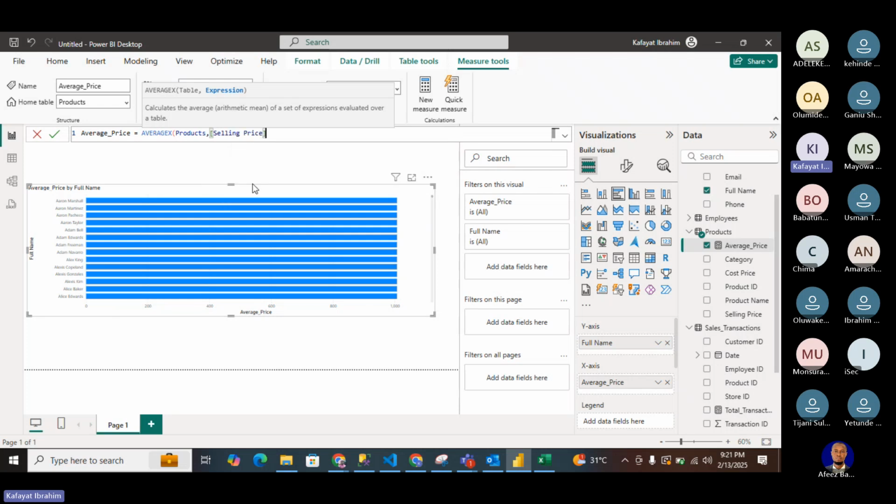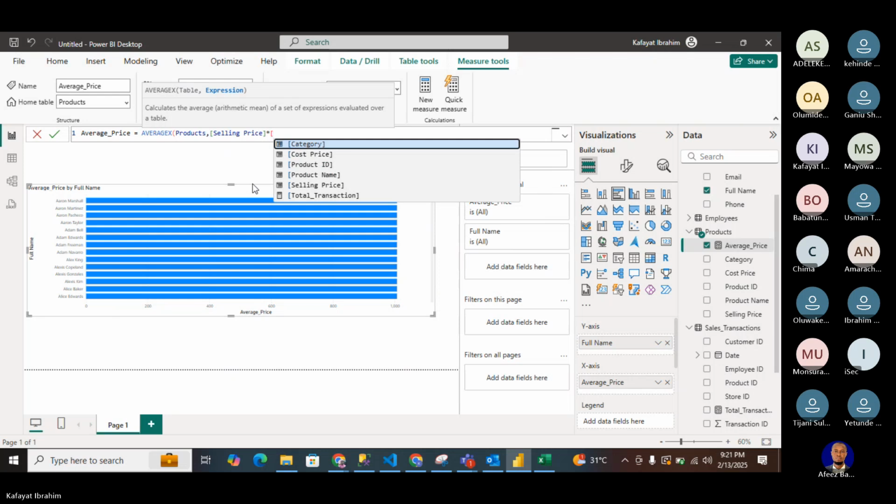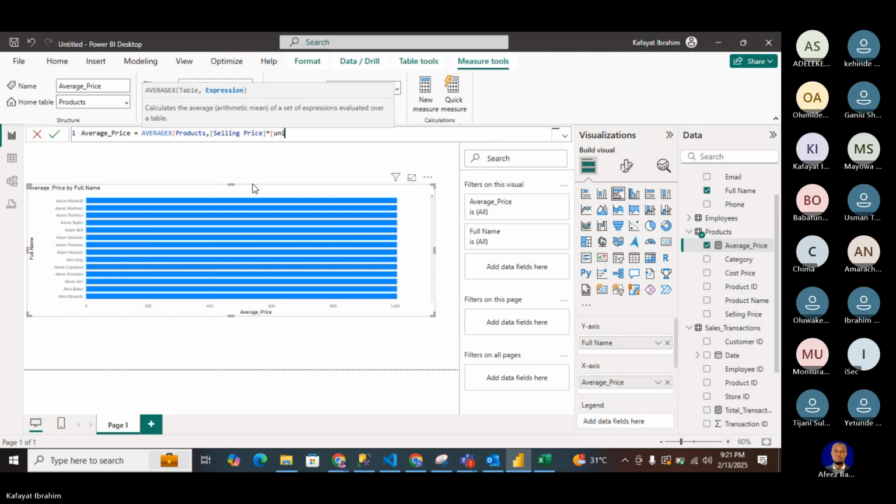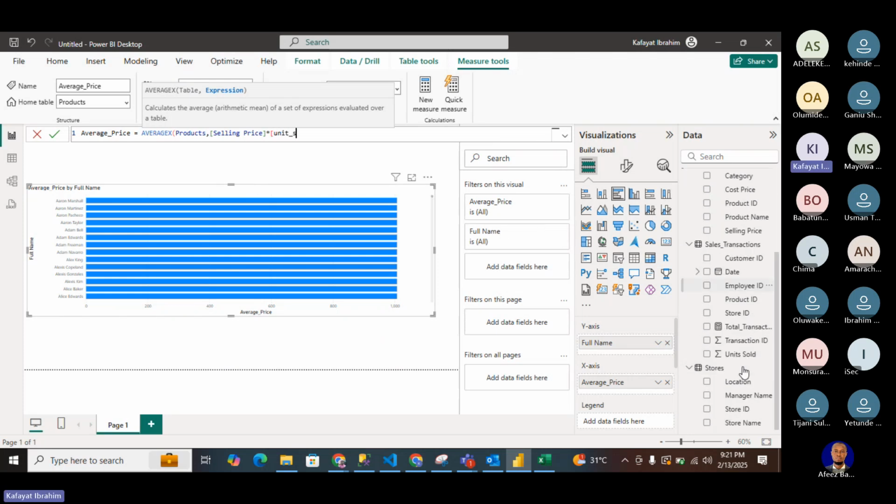Selling price multiplied by what? Unit sold. Yeah, go for me.